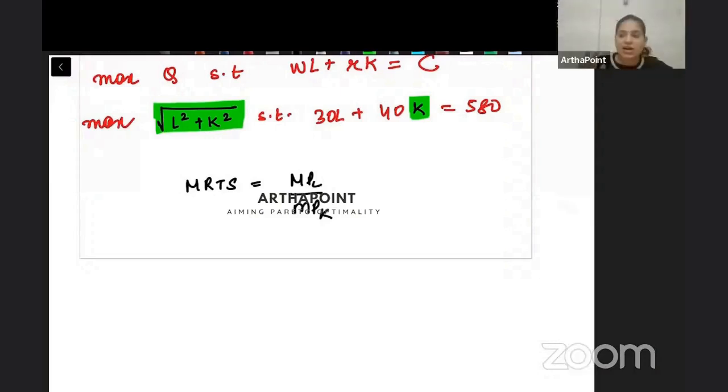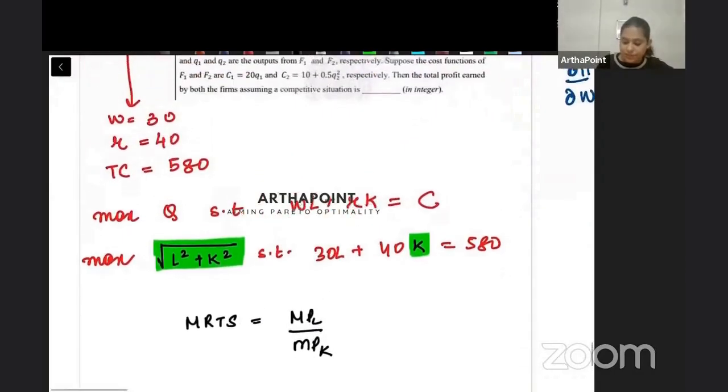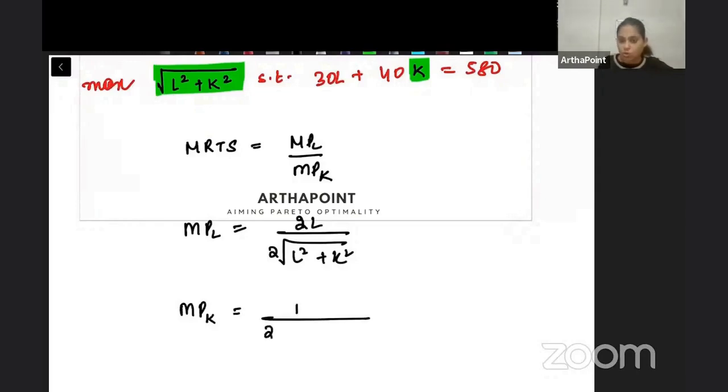All techniques are correct. So if I find MRTS, I will differentiate this with respect to L. So I will get 1 upon 2 root L square plus K square into 2L. If I differentiate this with respect to K, I will get 1 upon 2 root L square plus K square into 2K.